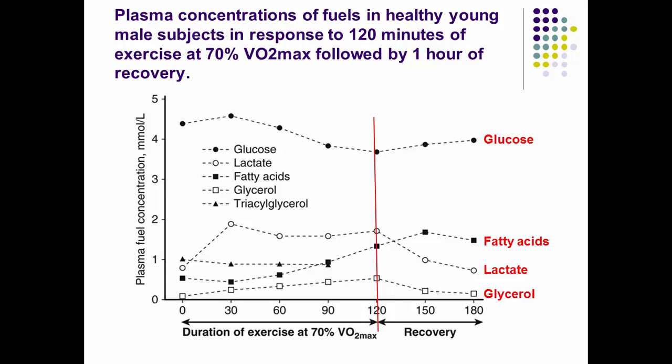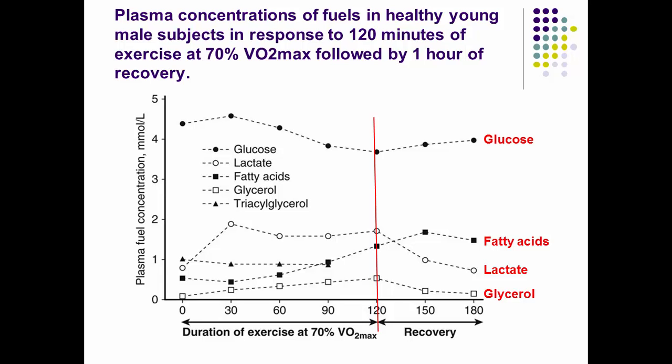That will give us some idea of what types of energy fuels are available and used for ATP production. For example, during the 2 hours of exercise, you can see the glucose level declines, right? So glucose levels decrease.